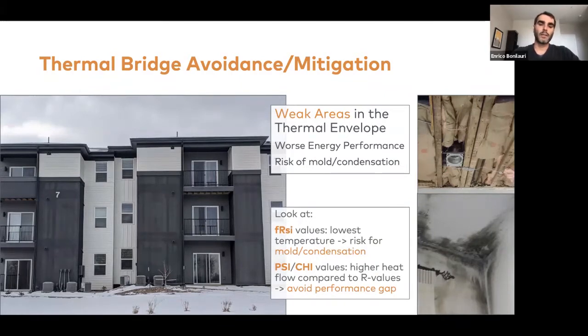And the second one is the psi value for linear thermal bridges and chi value for point thermal bridges. And that allows you to better calibrate an energy model and avoid a performance gap between the design performance and the way the building actually performs once it is occupied. We're going to come back to the performance gap later today.